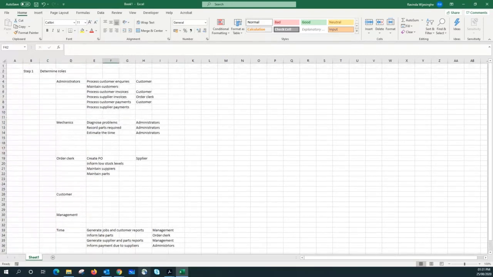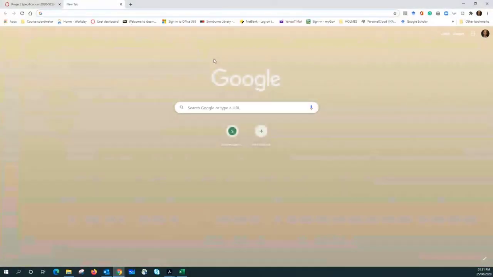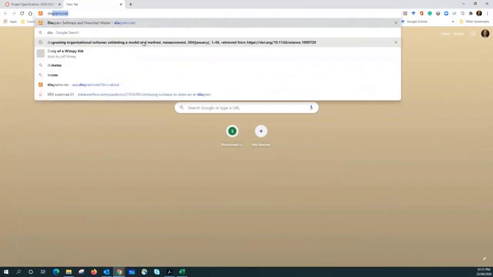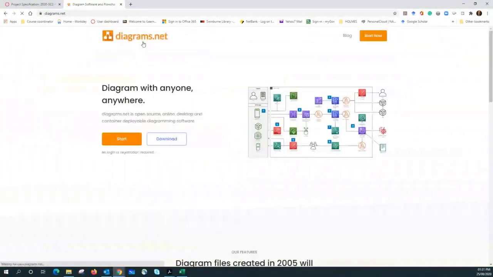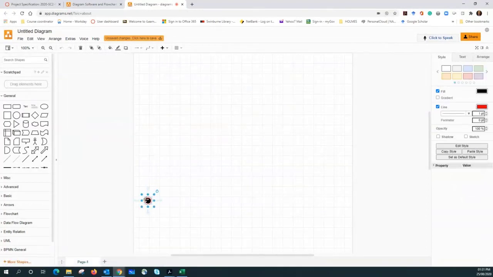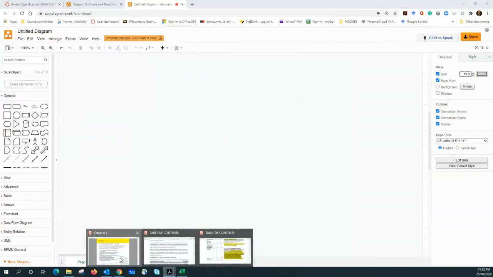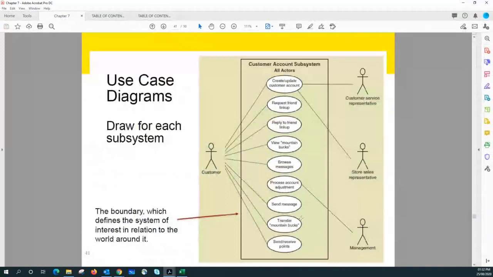So what we can do now is go to diagrams.net. This is the program we are using. All right, now let's see. These are the symbols we need to use, right? So we need a stick figure.